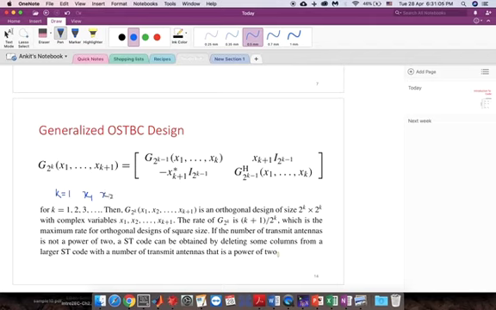Now it will be equivalent to G2 of x1, x2. And for k equals 1, it becomes G1.